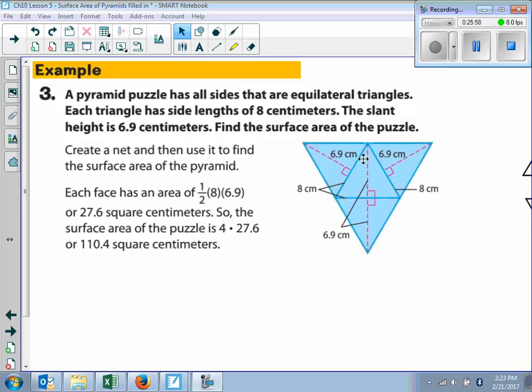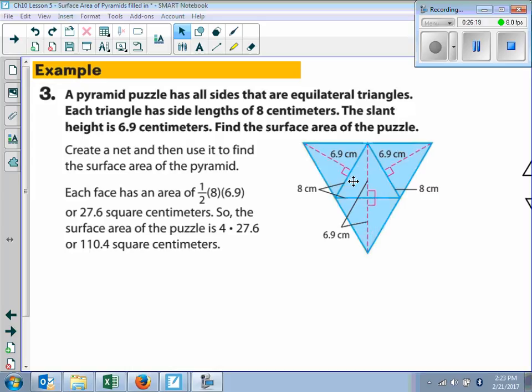So we have an equilateral triangle as a base, and it said it was 8 centimeters for each of the lengths. Okay? Then the slant height for all of them is 6.9 centimeters.